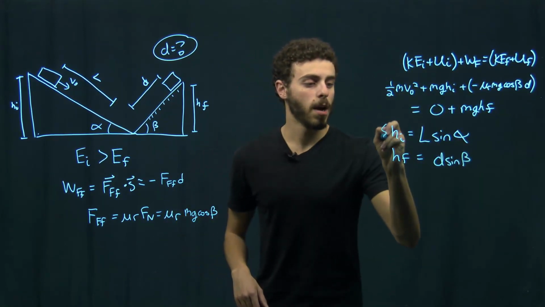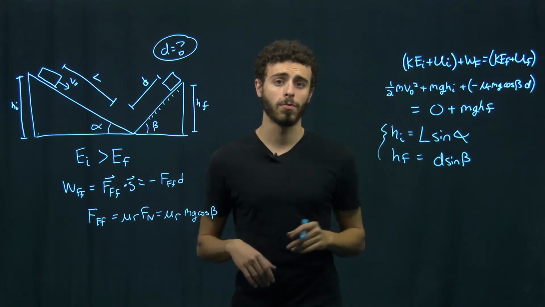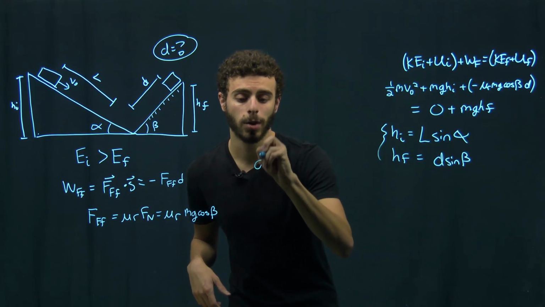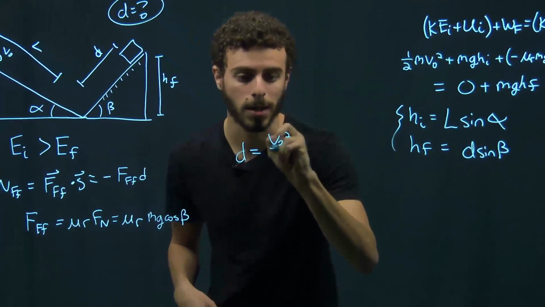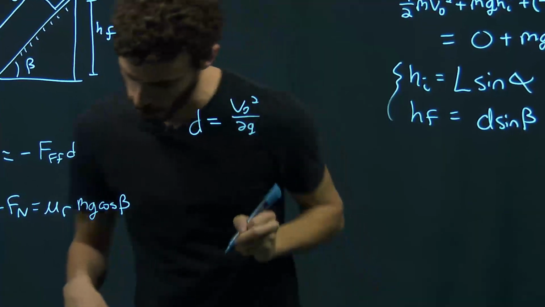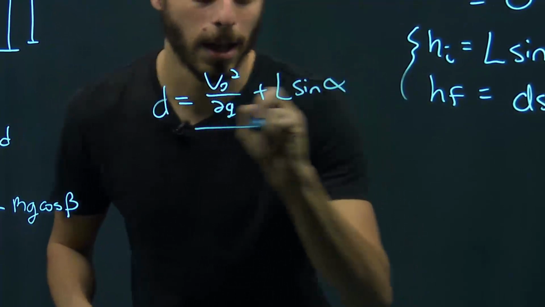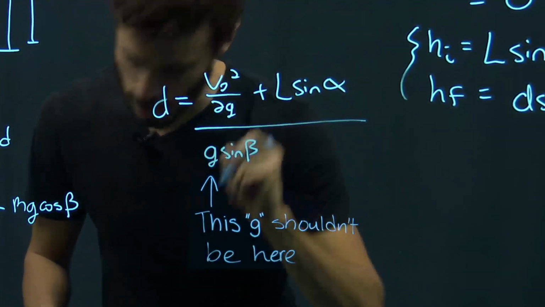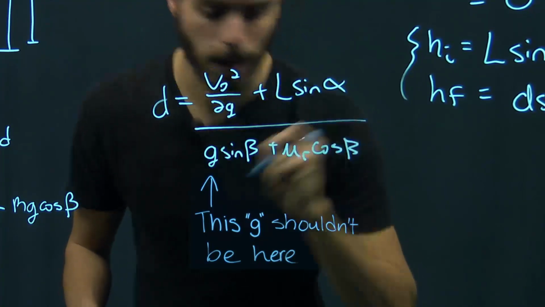So these are going to be our heights, and if we just plug this into this relationship up here, we can solve directly for our distance d, and then there'll be some amount of algebra, but you should be able to get that your final distance should be equal to v naught squared over 2g plus L sine alpha, and then all of this is going to be over g sine beta plus mu_r cosine of beta.